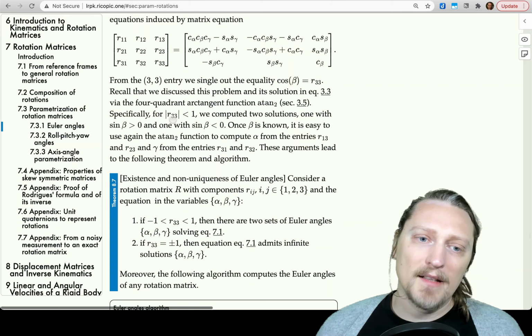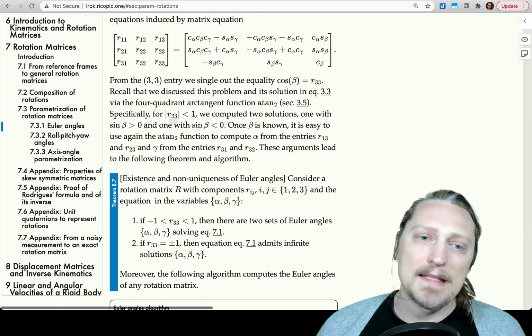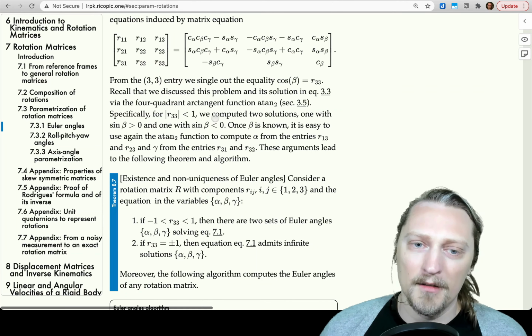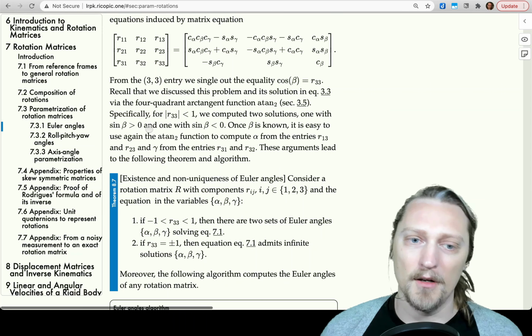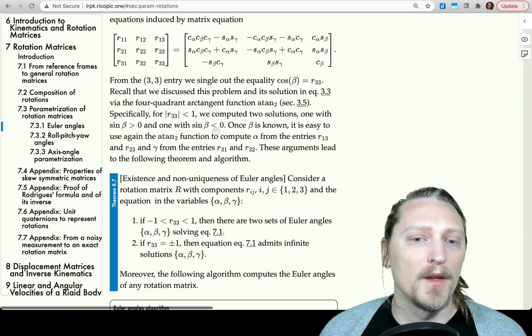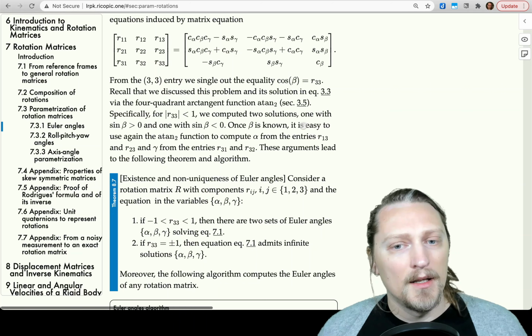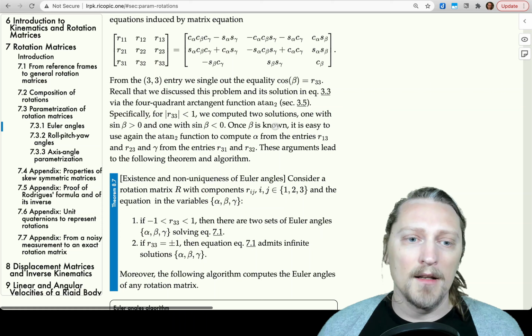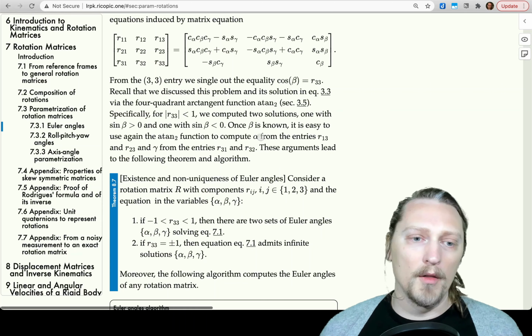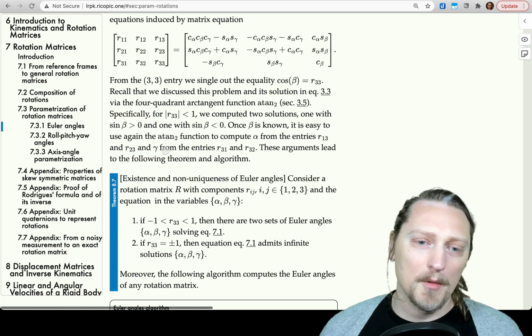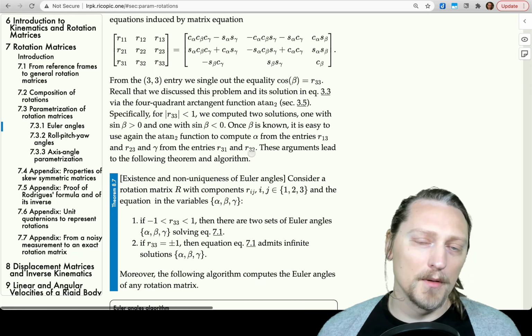Specifically, for the magnitude of R33 less than 1, we compute 2 solutions, one with sine beta greater than 0, the other with sine beta less than 0. Since beta is known, it is easy to use the atan2 function again to compute alpha from the entries R13 and R23, and gamma from the entries R31 and R32.